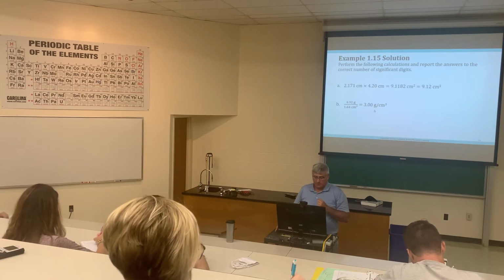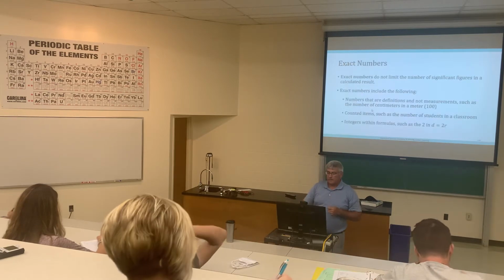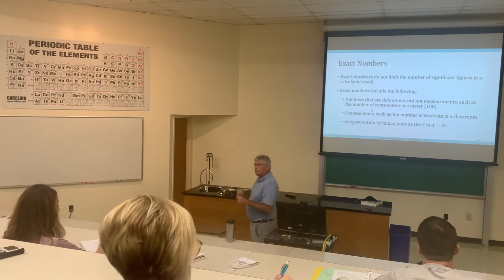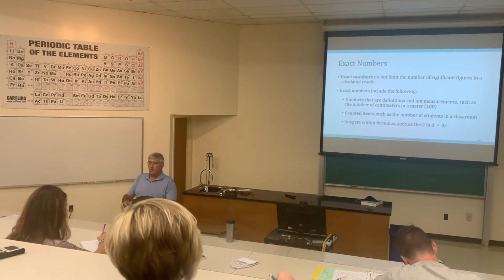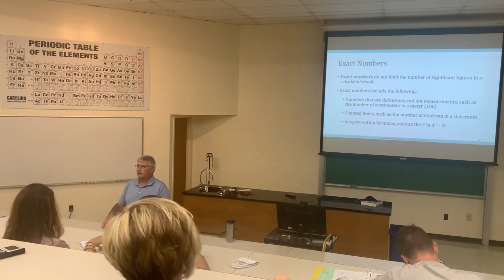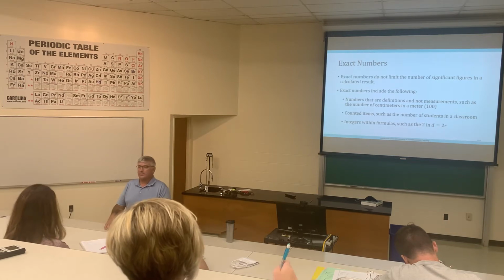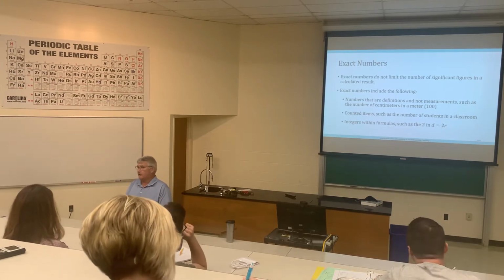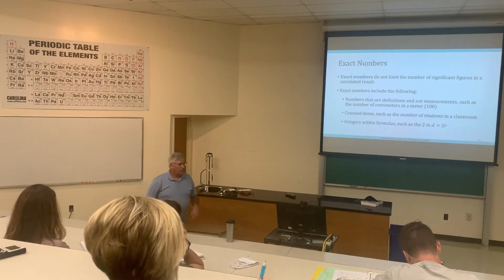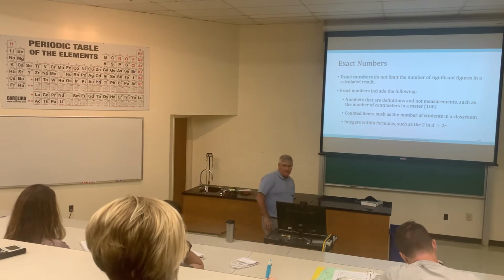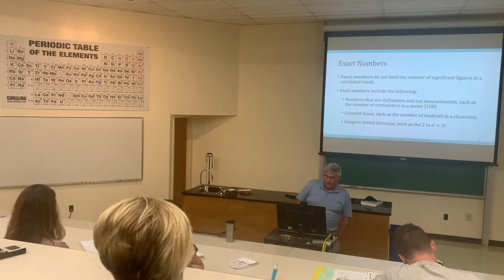Okay, there's something else that you should know. Counting numbers are exact numbers. If I have 3 apples on the table, how many apples do I have? 3. And that number has as many significant figures as you need to do a calculation. Exact numbers do, or a count, such as the number of students in a classroom.